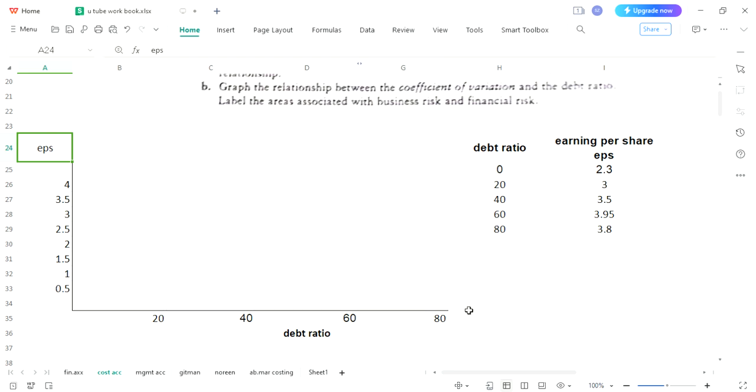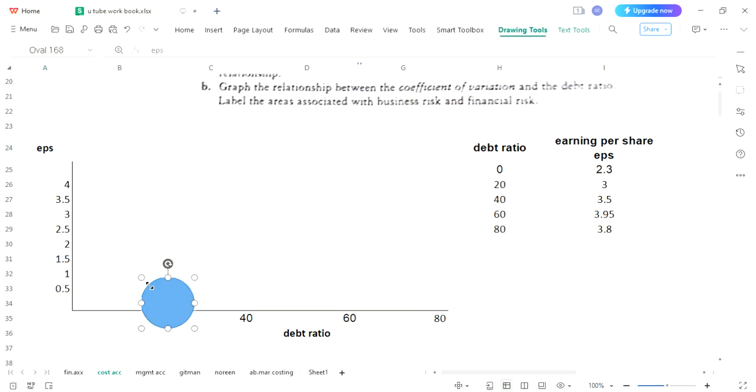On the x-axis we have debt ratio, and now let's create our points, for which we need small points posted over here. Let's make the size appropriate for our points. Here we have our first point, and we need to put it at 0, 2.3.